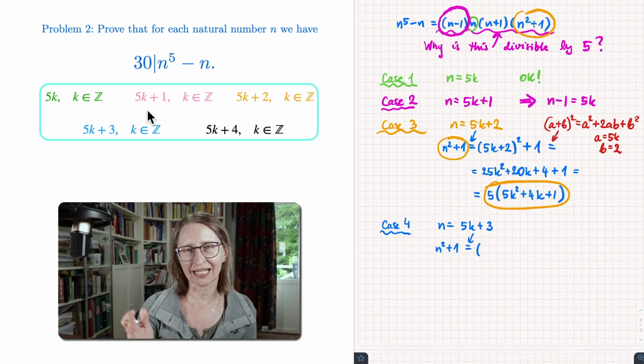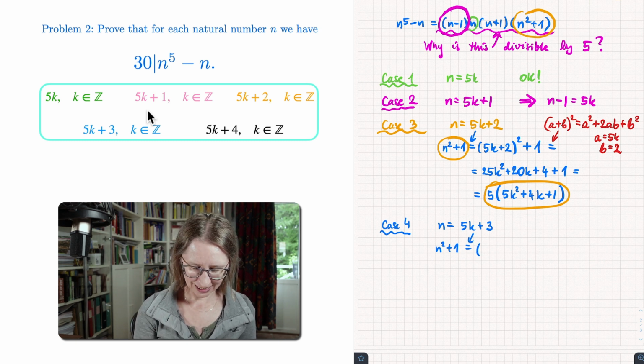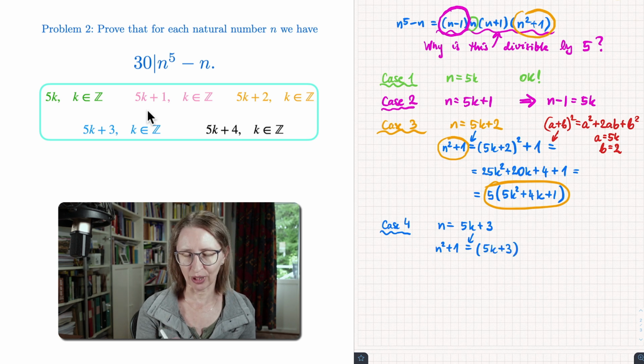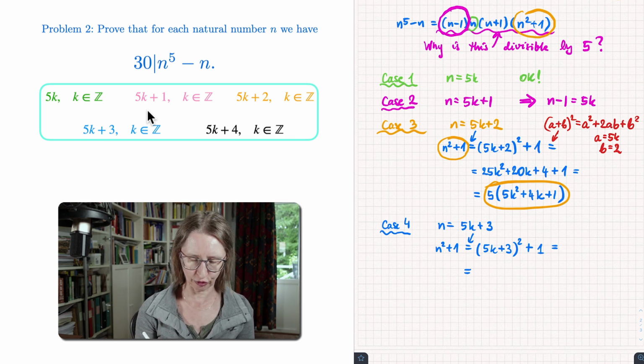How? Well, exactly the same computation. So here you will get 5k plus 3 instead of plus 2, and here still plus 1. And application of exactly the same formula, but with a equal to 5k and with b equal to 3.